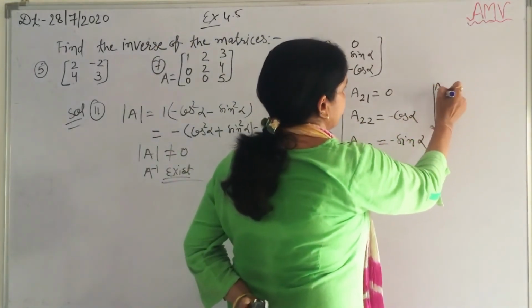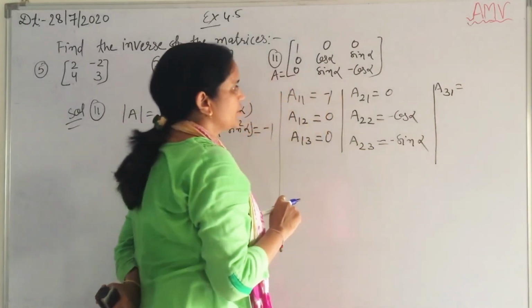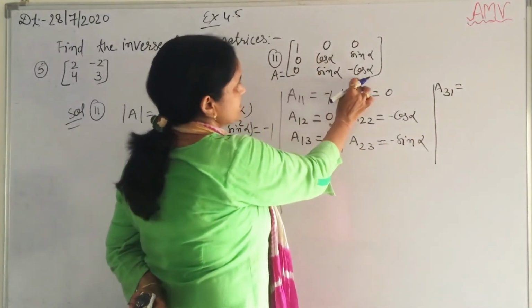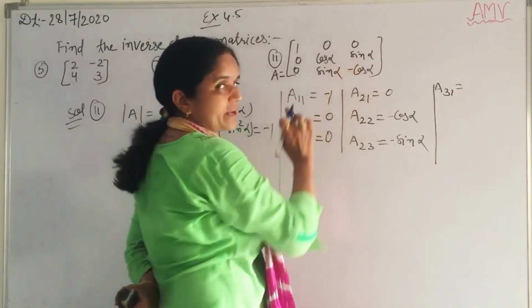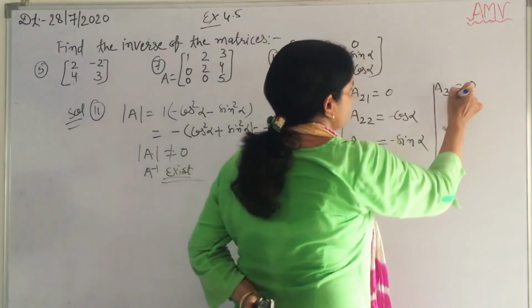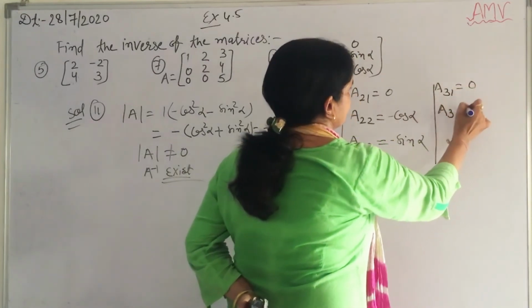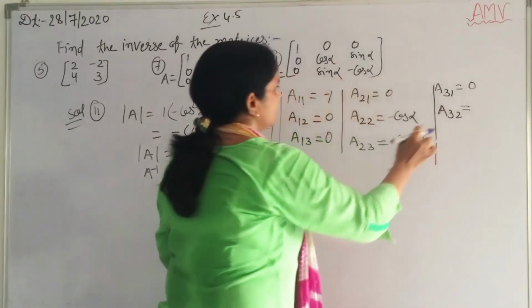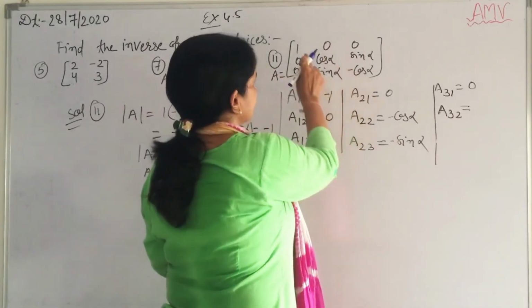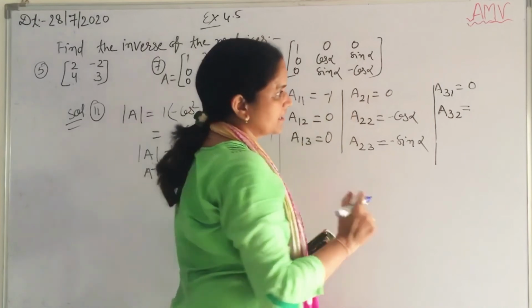Now, A31. For A31, students, first column, third row cancel. Okay, sin alpha multiply with 0, cos alpha multiply with 0. So it's 0 only. For A32, third row, second column. So 1 multiplied with sin alpha.